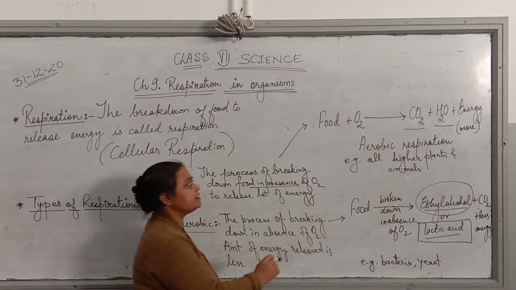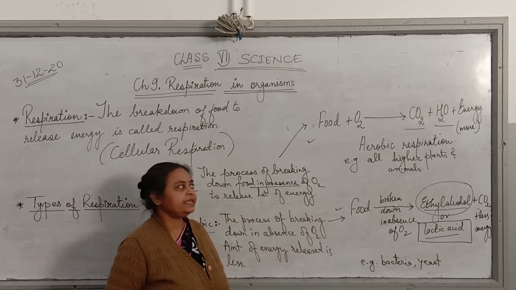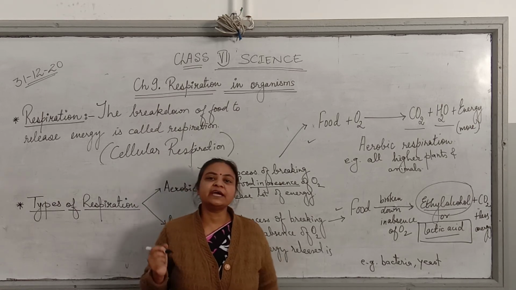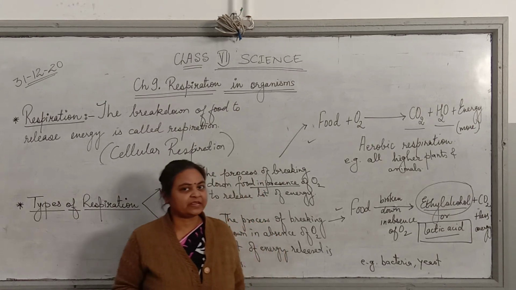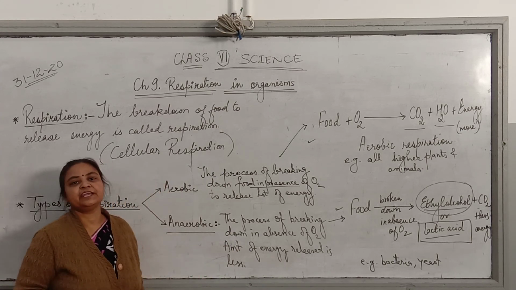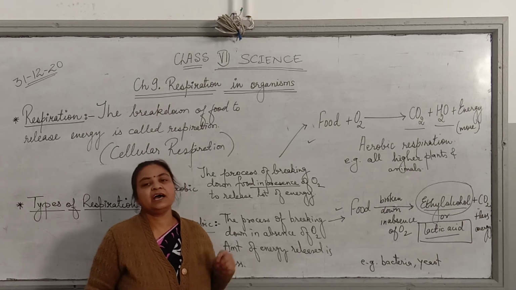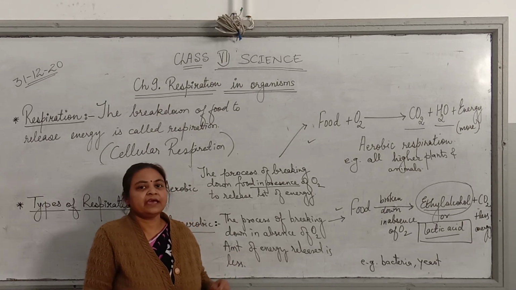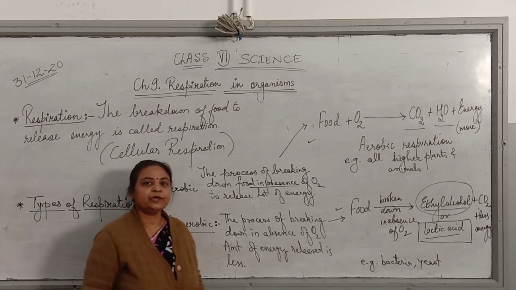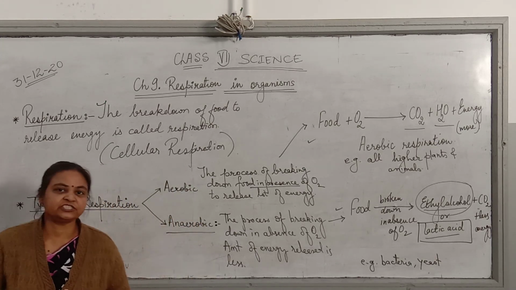We have seen the word equations for both types. The end products in case of aerobic respiration are carbon dioxide, water vapor and a lot of energy, whereas in case of anaerobic respiration, end products may be ethyl alcohol or lactic acid along with carbon dioxide and less amount of energy. So children, I hope this video will help you to understand the process of respiration.